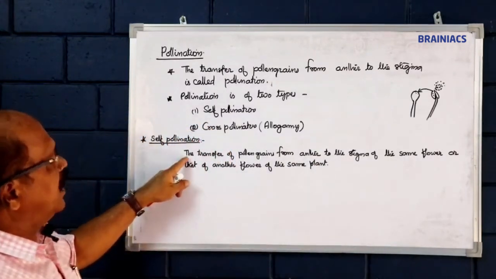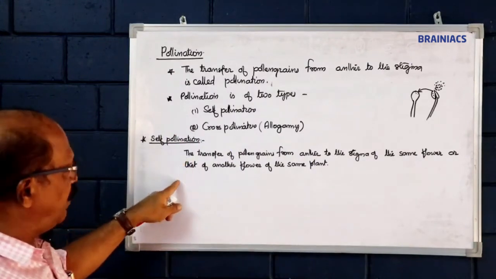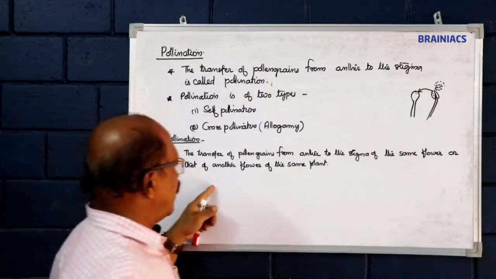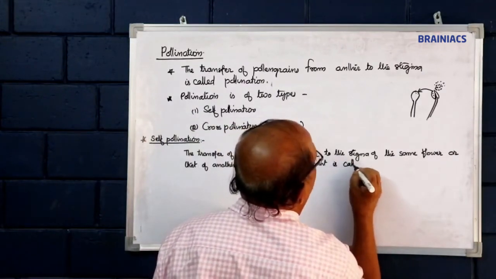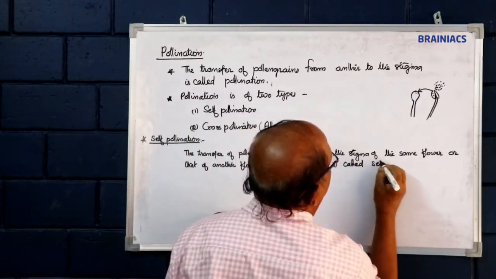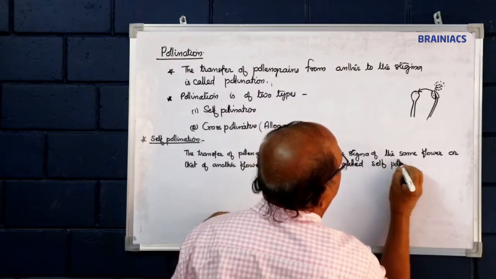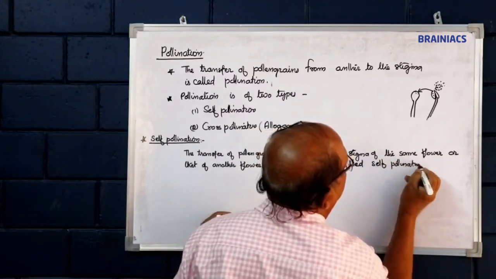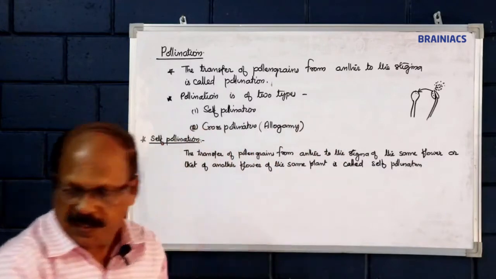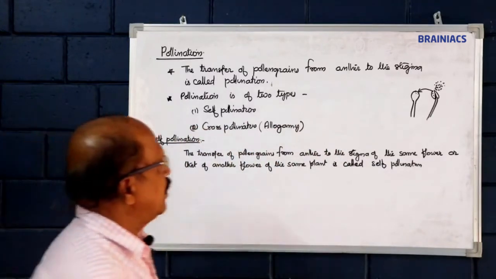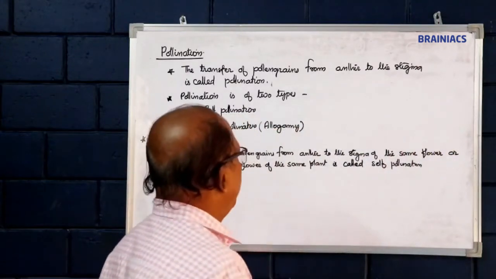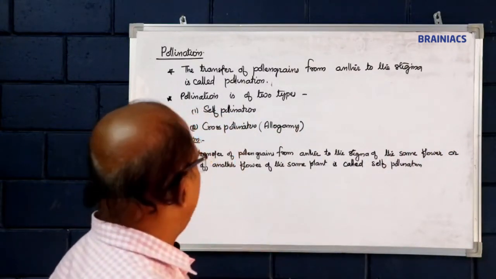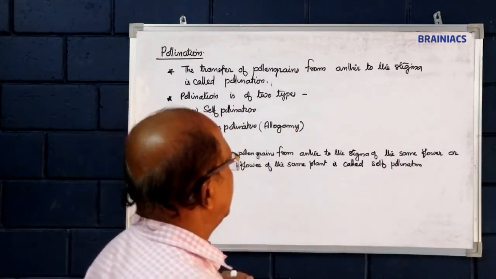What is self-pollination? The transfer of pollen grains from anther to the stigma of the same flower or that of another flower of the same plant.